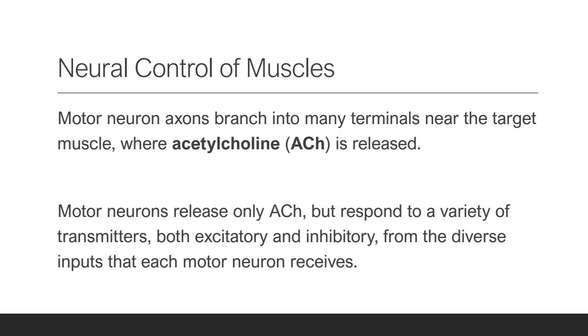When acetylcholine is released, it doesn't modify the activity of downstream neurons. If you think about other types of neurons, you can have some downstream effects, right? This is a little bit different with motor neurons. Acetylcholine doesn't really modify the activity of those downstream neurons.